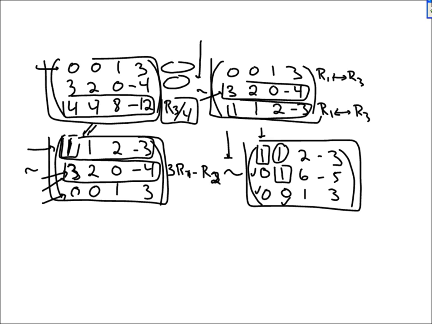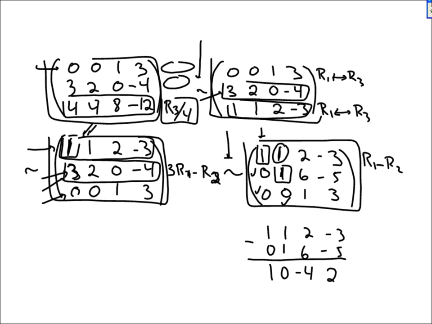So I need to change row 1. Well, if I just do row 1 minus row 2, that will kill it off. I mean, after all, 1 minus 1 is 0. Here is row 1. Here is row 2. I do subtraction, and I get that.